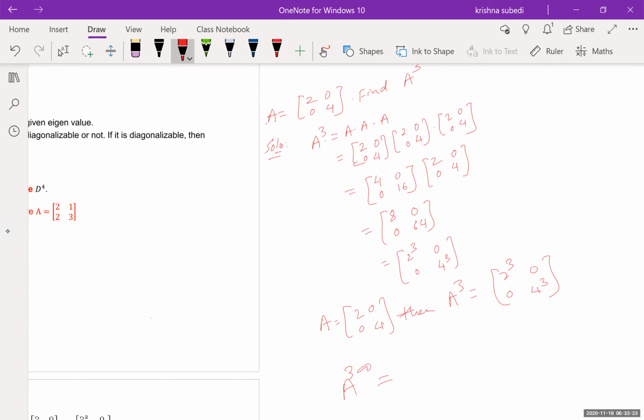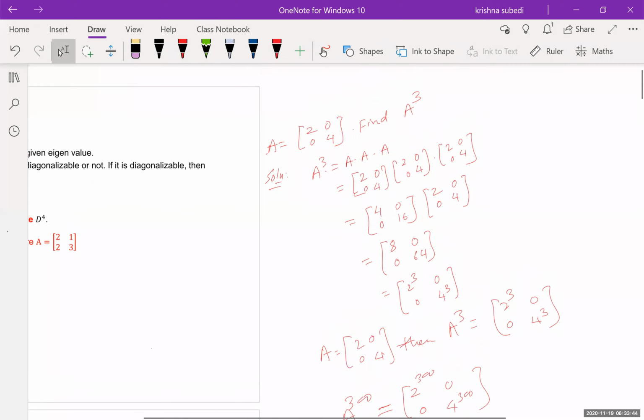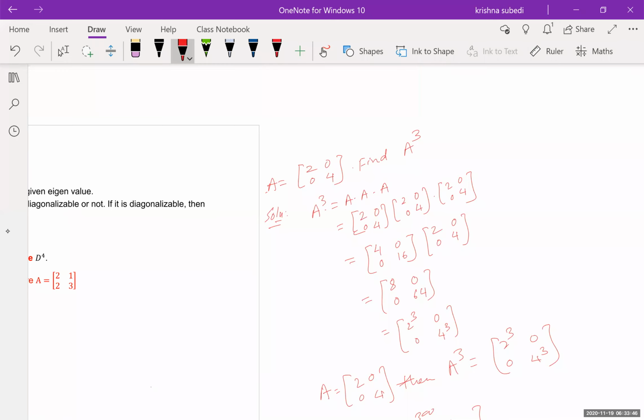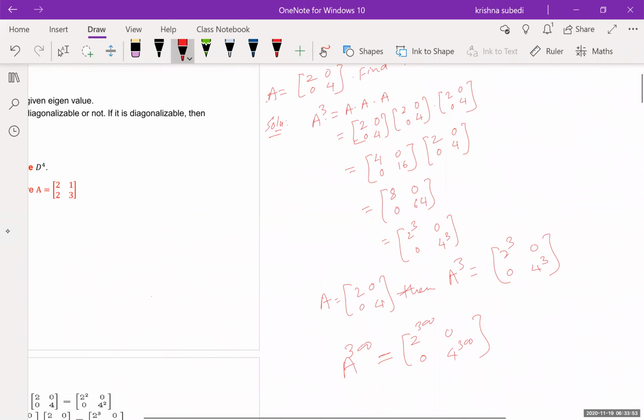Well, you can tell me right away. You can tell me A power 300 will be [2 power 300, 0; 0, 4 power 300]. It's that simple. So if we have a diagonal matrix, then finding A cube or A raised to power 30 or 100 or 1000, whatever, we can calculate easily.